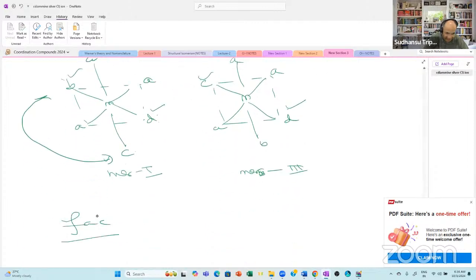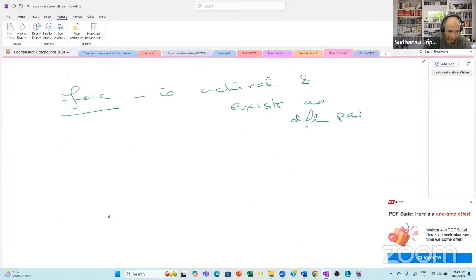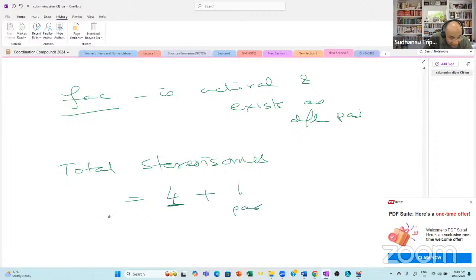Only fac is achiral and the mers exist as DL pairs. It has neither sigma nor i nor Sn, and exists as two enantiomeric forms, a DL pair. So the total number of stereoisomers in this case is equal to 4 plus 1 pair, because 1 is already inside here.